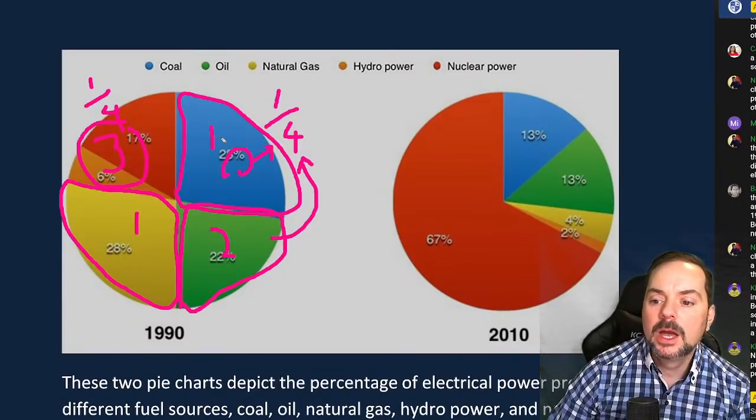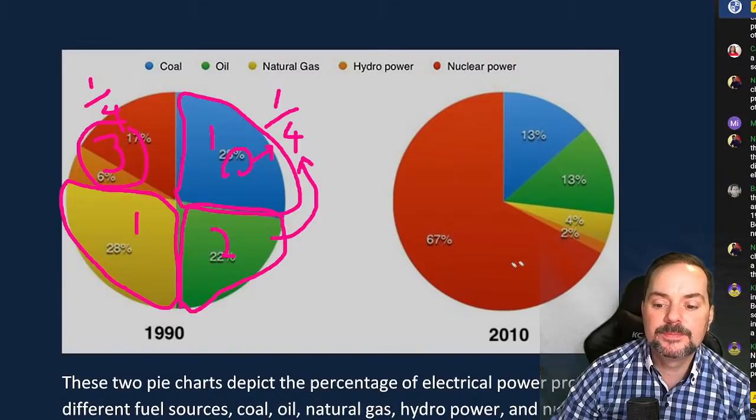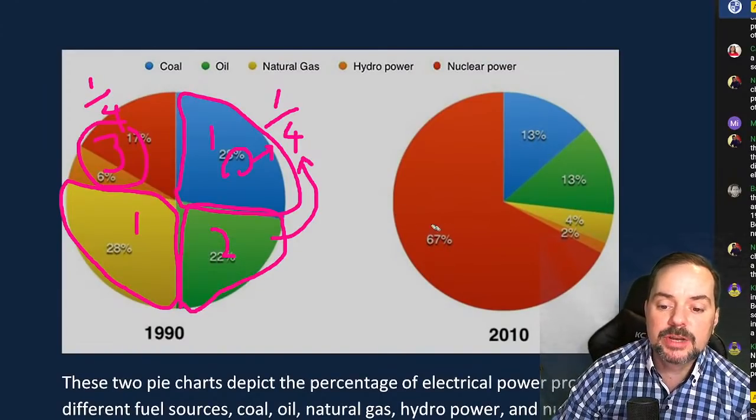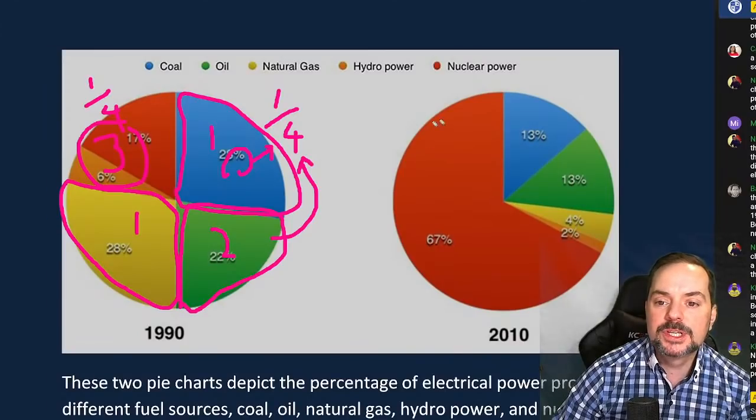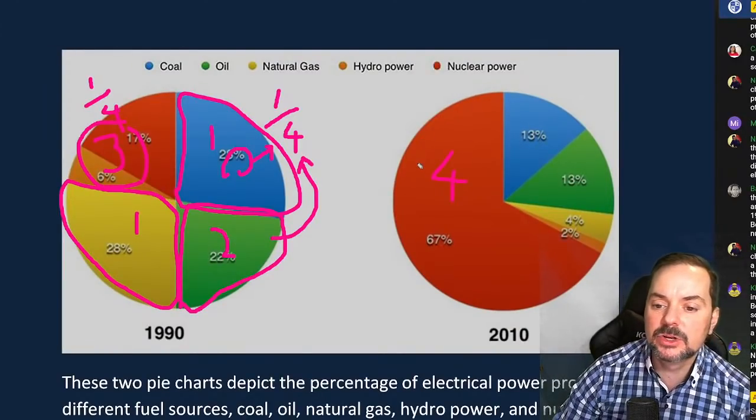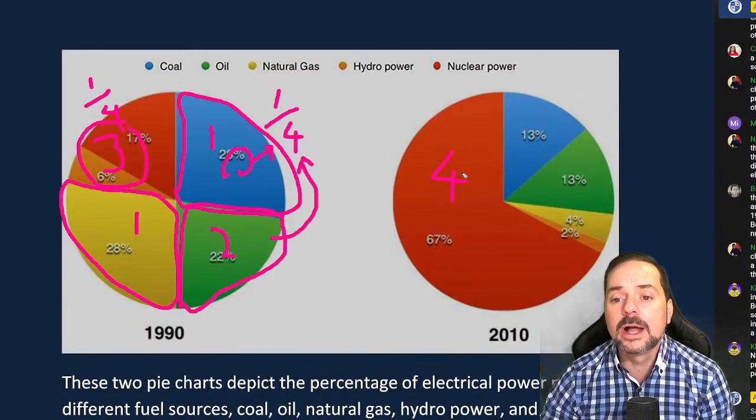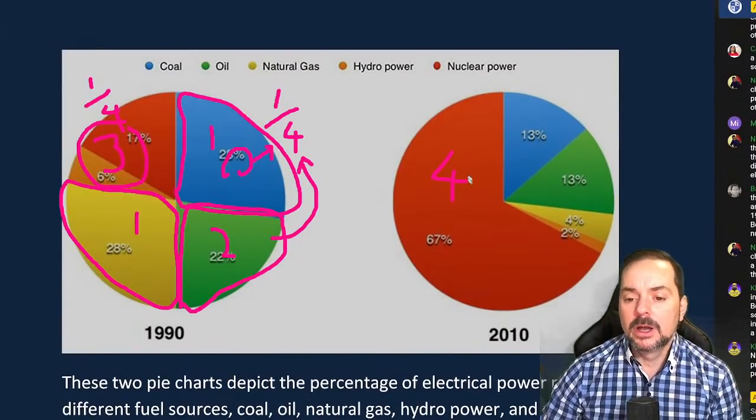Okay. Now, the greatest increase or the greatest shift, or the most significant shift, of course, here is nuclear power. So nuclear power here, very important. There's a massive increase in reliance or dependence on nuclear power, producing well over a half.